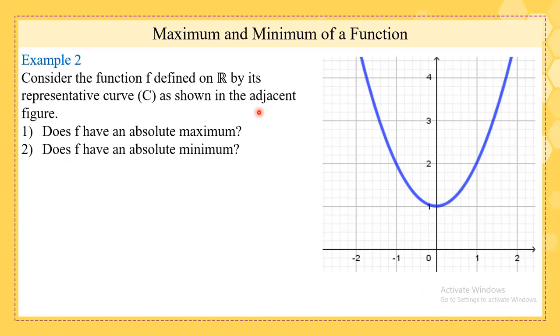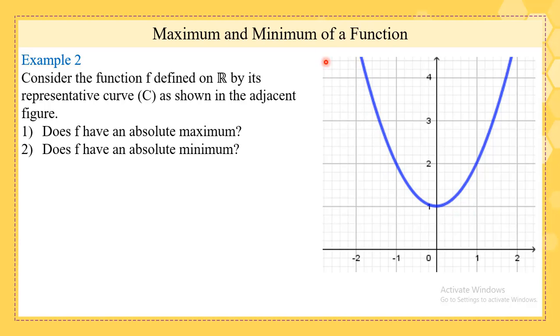Example 2. Consider the function f defined on R by its representative curve C as shown in the adjacent figure. So the first example was concerning a function defined algebraically. Now this is an example concerning a function defined graphically. Does f have an absolute maximum?